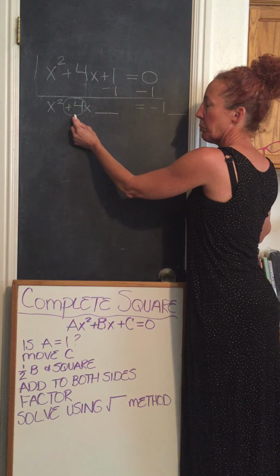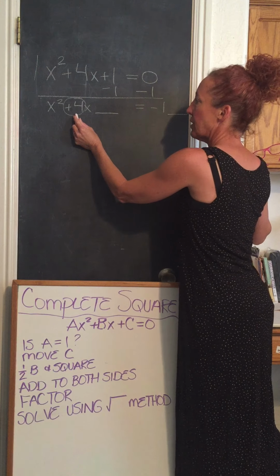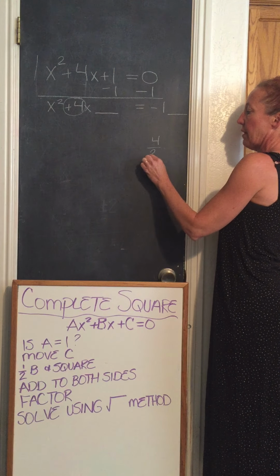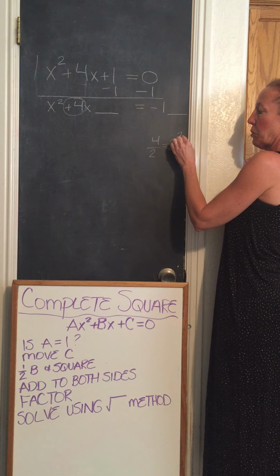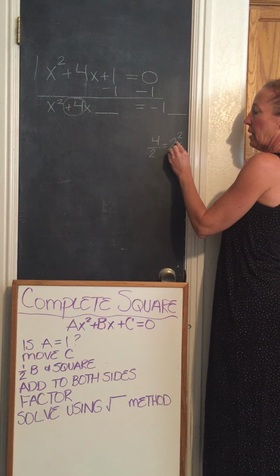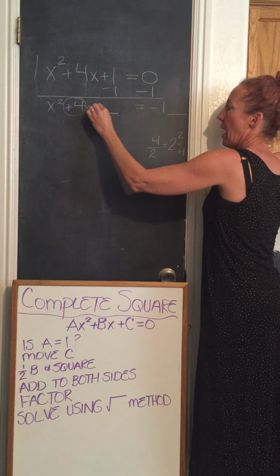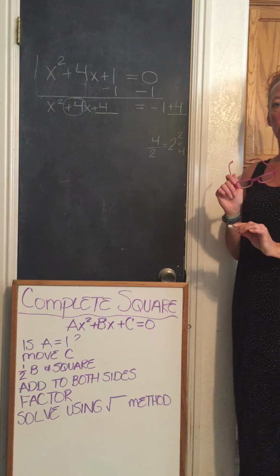Don't take the x. We're only talking about the number in front, the coefficient. And we're going to take half that. So over here off to the side, I'm going to take 4 and divide that by 2. And I'm going to get 2 and I'm going to square it. 2 squared is 4. So that positive 4 is what I'm going to add to both sides of my equation.